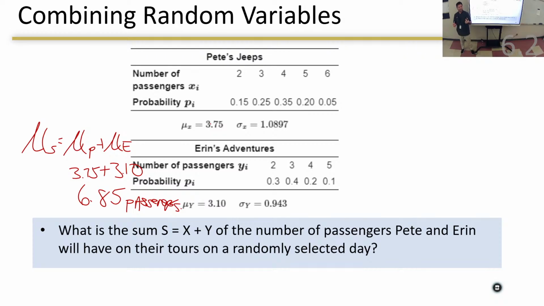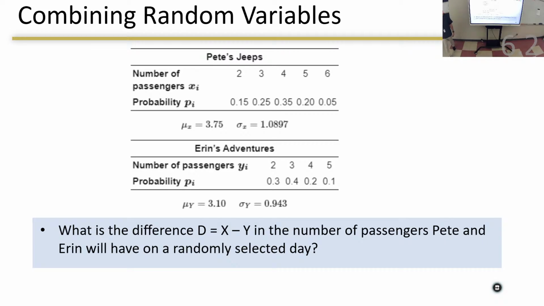It still tells you the same thing, that Pete has more than Erin, or that Erin has less than Pete. So if somebody subtracts the wrong way, it still tells you the same information. That's why they typically ask you to interpret it. Everybody okay with that? Pretty easy? Not bad?